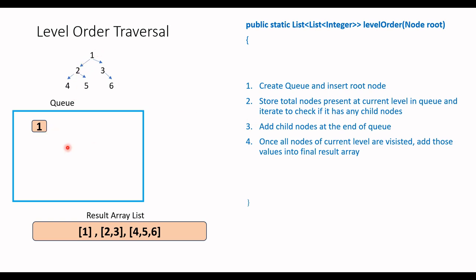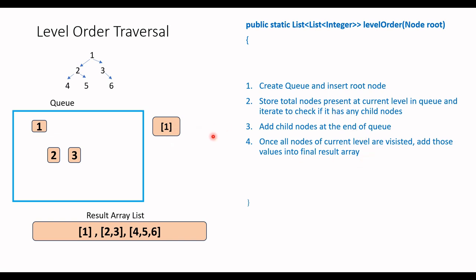So we'll be adding the child nodes into the queue behind 1. Once the child nodes are added into the queue, we have already visited all the current level nodes, which was 1 in the beginning, and then we'll add this into the final result which we are expecting.